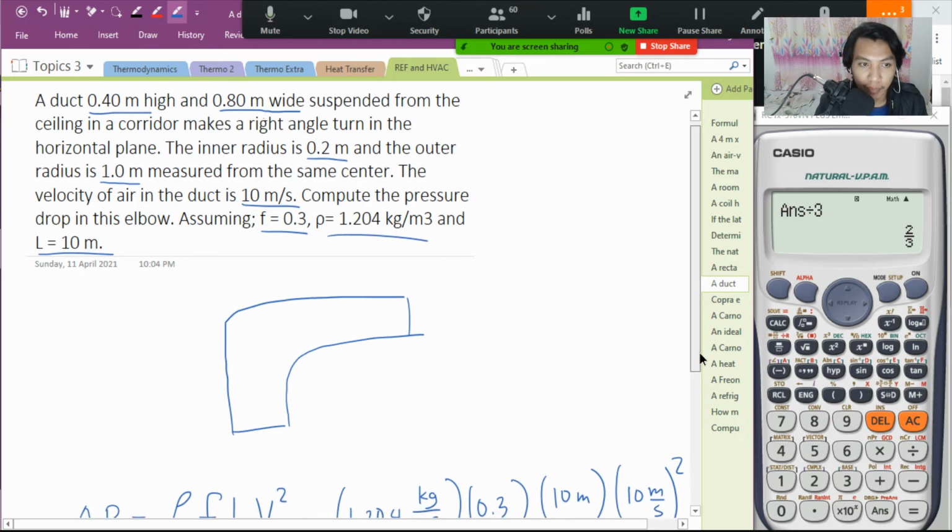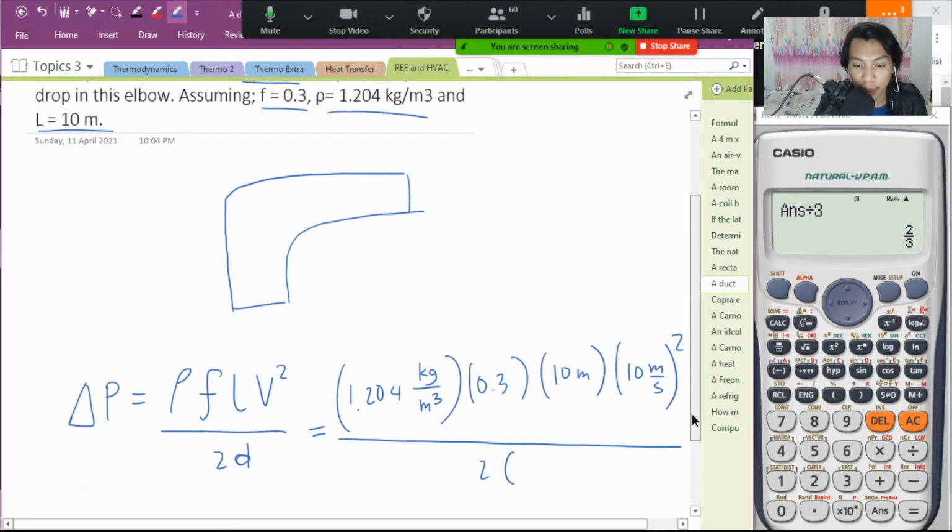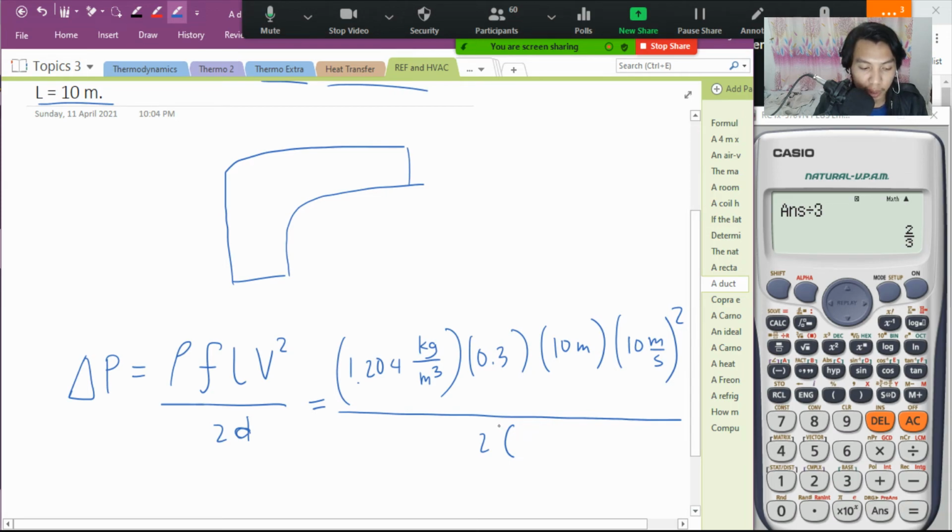Ang binigay lang naman sa'yo yung radius ng bend. Huwag mong gagamitin yon, pampalito yan. So, ang gagamitin mo dito, yung sa ducting. That is equivalent diameter, DEQ, that is 2AB over A plus B.